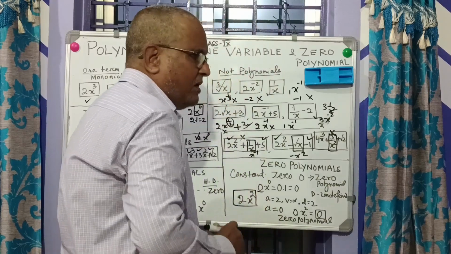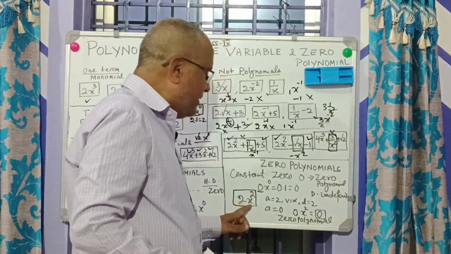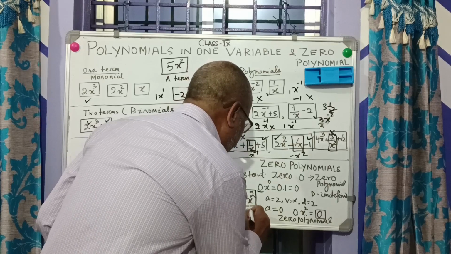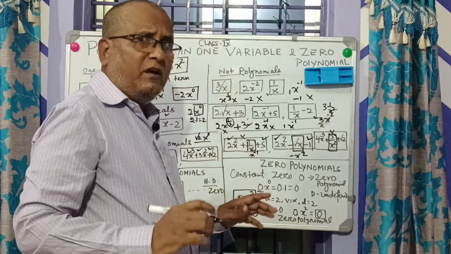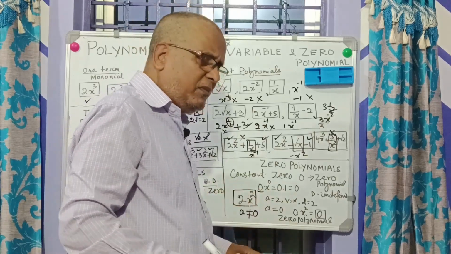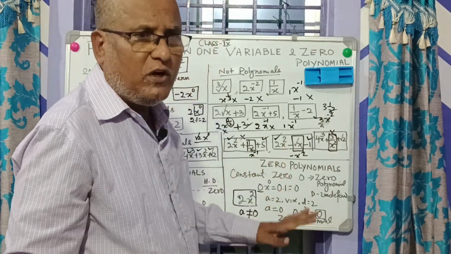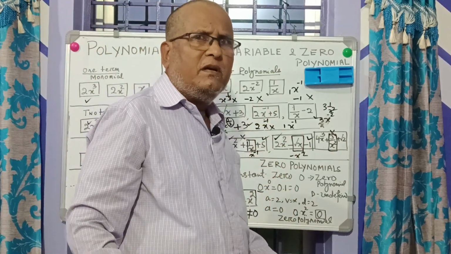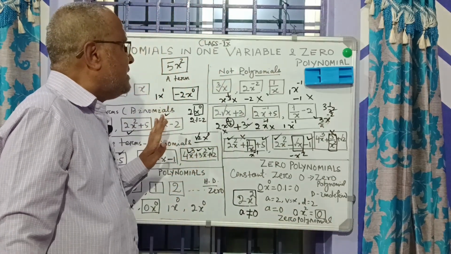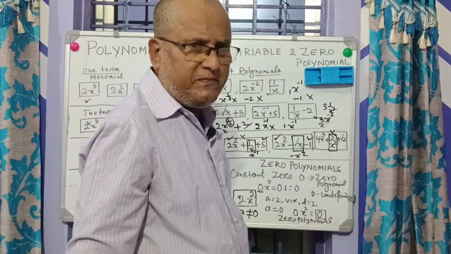This term turns into a zero polynomial when a becomes 0. So you might have seen in a book there is a condition a is not equal to 0. If the coefficient is 0, then the term turns into a zero polynomial. So there are two conditions for the zero polynomial. It has many uses in our algebra. We shall study later. Hope your concept is clear about polynomials and zero polynomials.